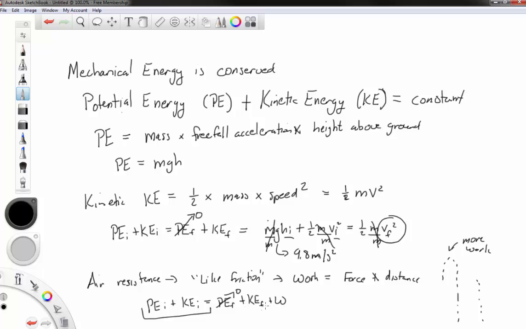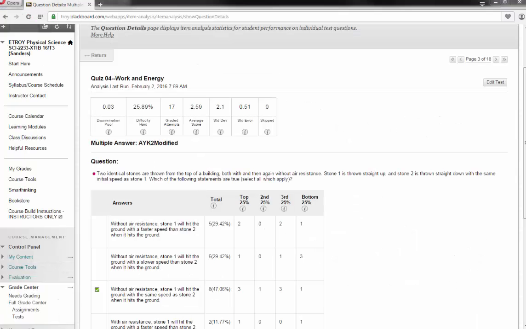And what that means is that the kinetic energy finally is going to be smaller than it was before, and it's going to be smaller by the amount of work that's done. So the more work that gets done, the smaller the final kinetic energy is going to be. So this one that we did more work on should have a smaller final kinetic energy than this one that we did less work on.